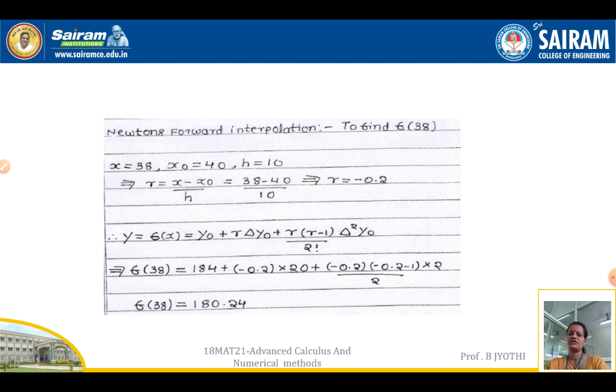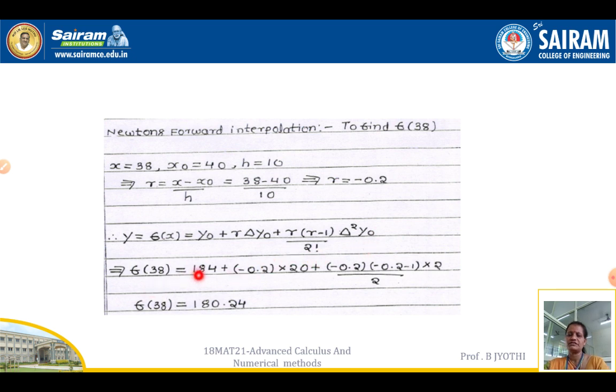Newton's forward interpolation formula. To find f of 38, x is equal to 38, x naught is 40, h is 10. So our value is x minus x naught by h, that is 38 minus 40 by 10, which is r equals minus 0.2. And y is y naught plus r del y naught plus r into r minus 1 divided by 2 factorial del square y naught.